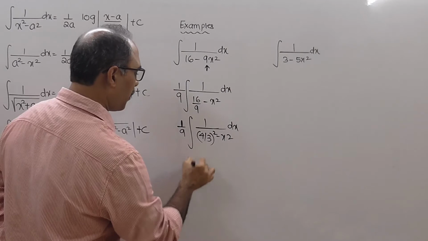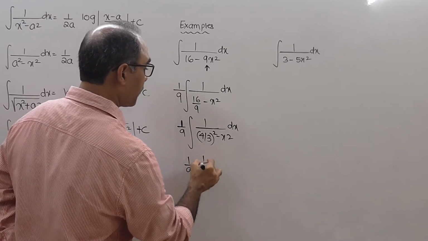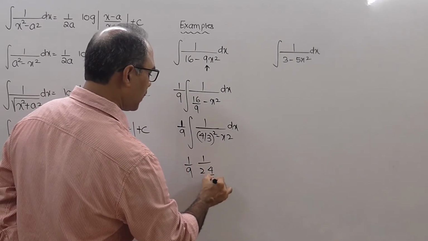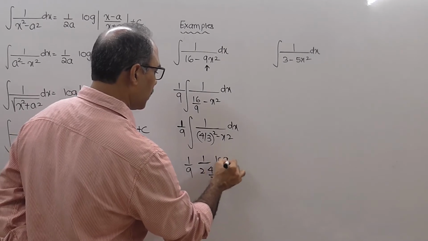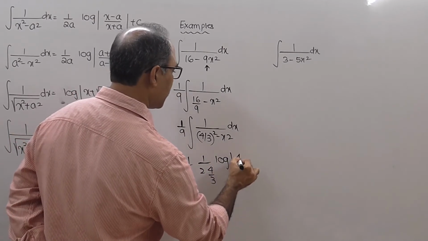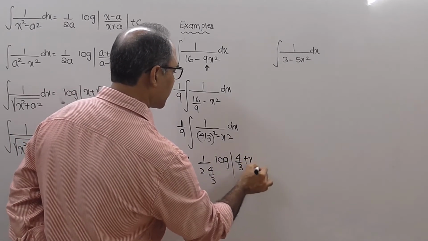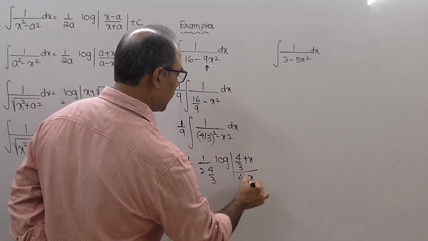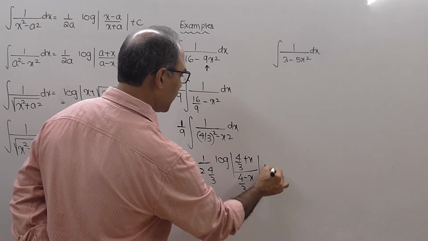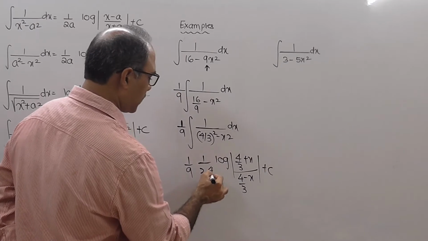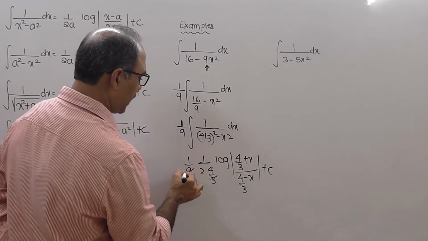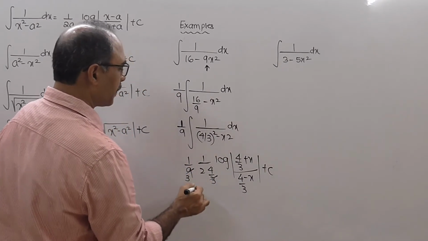So this is in the form of integration 1 upon a square minus x square, 1 upon 2a log modulus a plus x upon a minus x plus c. This 3 and 9 will get cancelled, you get it as 3.